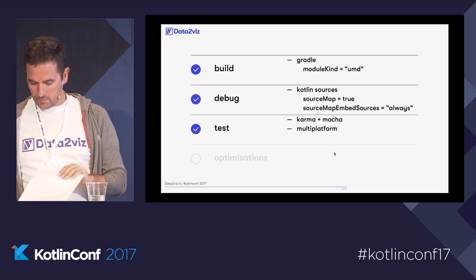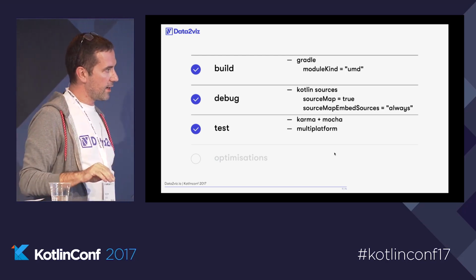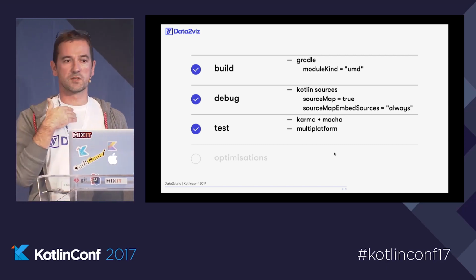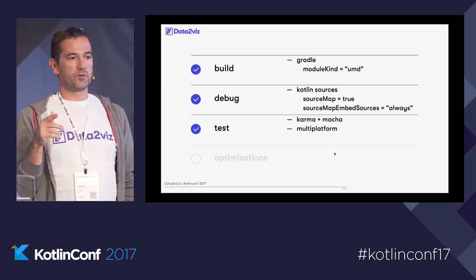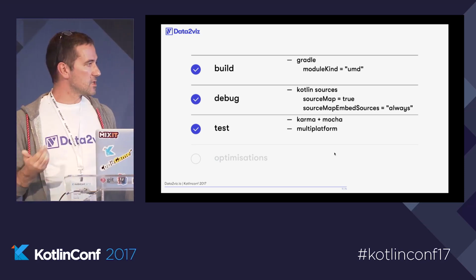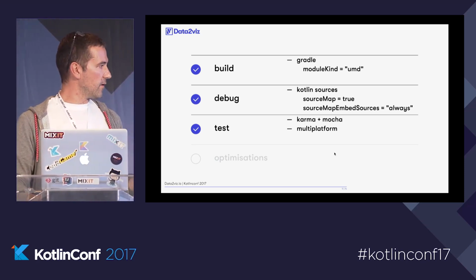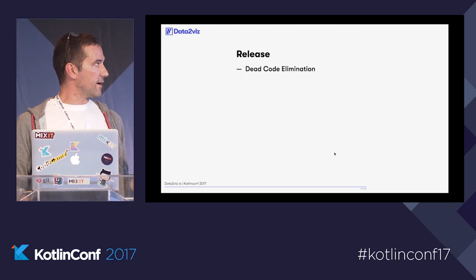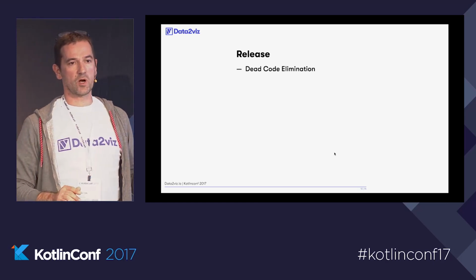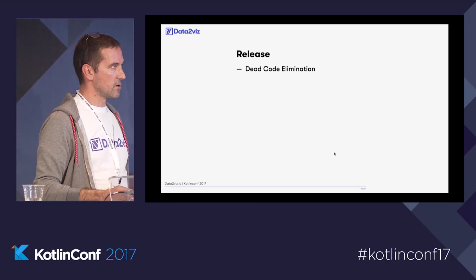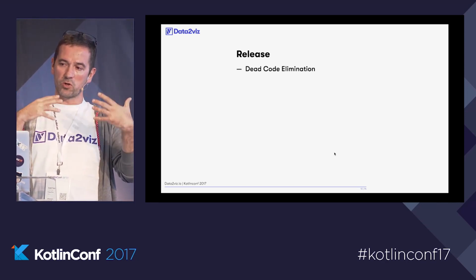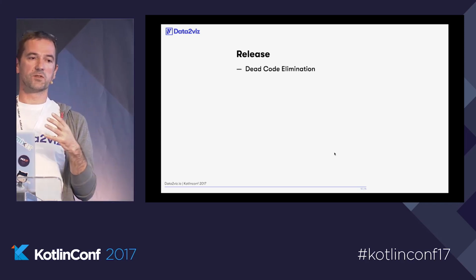So now we are going to talk about the optimization of the code, because we saw that Kotlin.js was 1.5 megabytes. You can't release an application with such big files. So how can we optimize that? So we have this tool, which is dead code elimination tool, which came with version 1.1.4 in August, last August. So it's a really interesting tool that is going to analyze your code and to remove all that is not used.